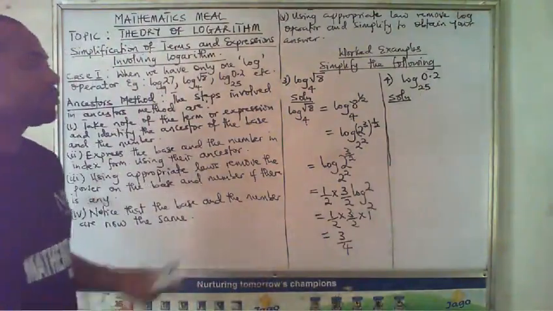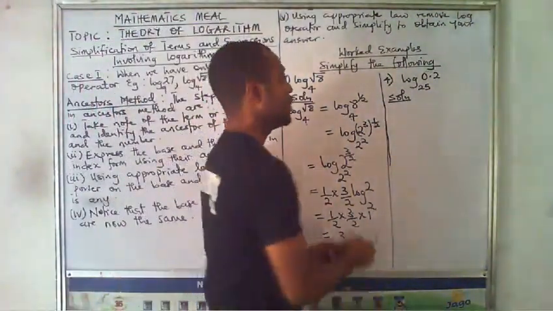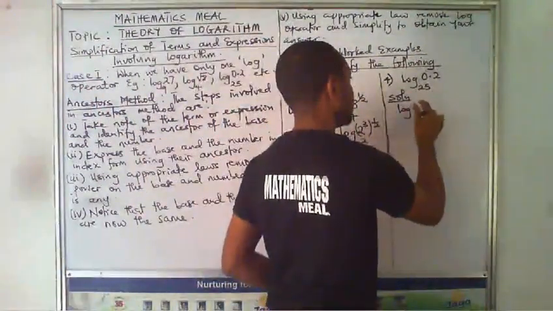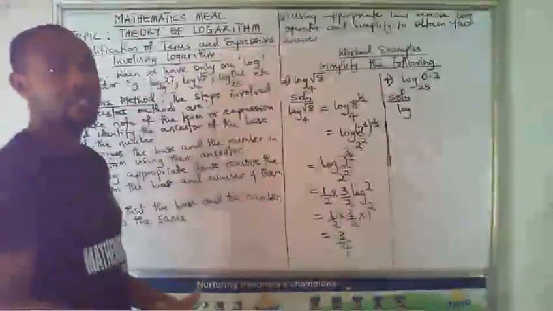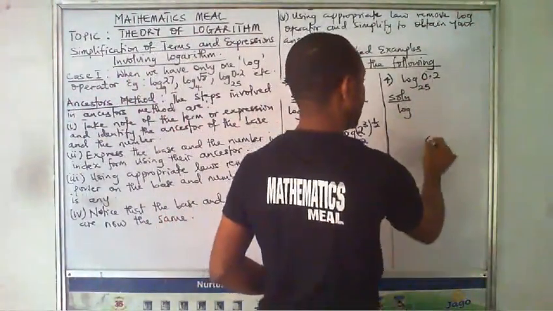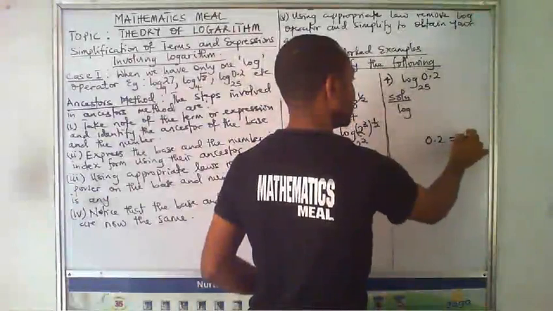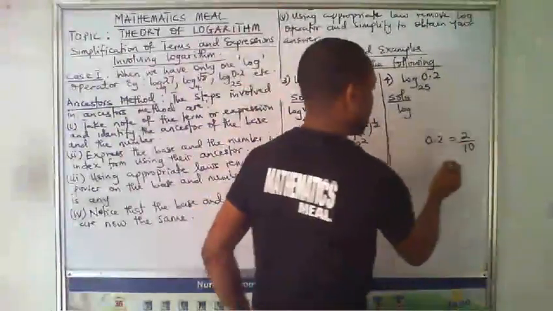We have a decimal, so we need to change the decimal first to a fraction, because we have something outside our steps. So let's handle that so that it will clear the way for us to start applying our steps. 0.2 is 2 over 10.